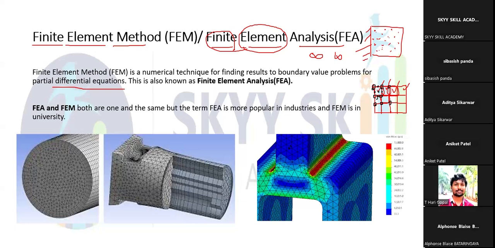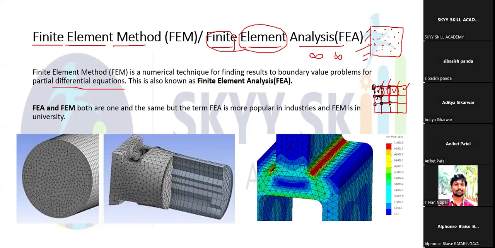So this is the whole process of the finite element method. Over here I have an infinite number of points, so I get an infinite number of equations, and I am not going to get the result. I have to convert that infinite number of equations to a finite number of equations.